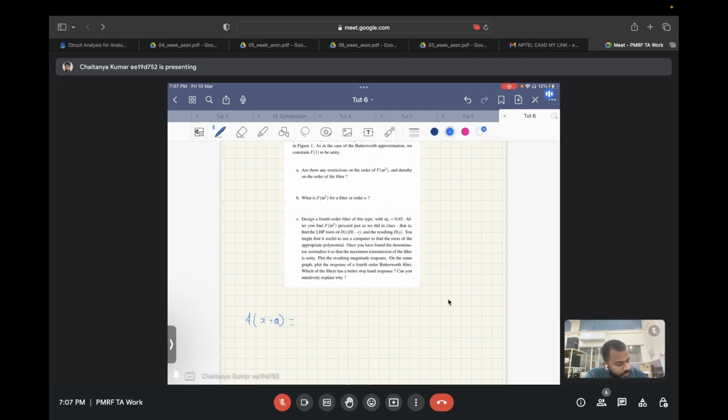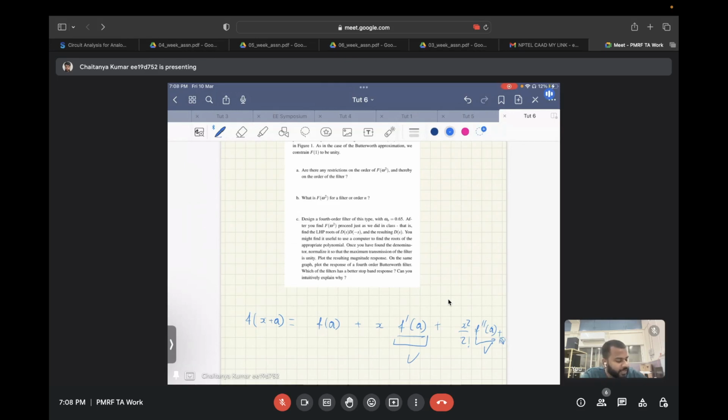It looks like f of a plus x times f dash of a plus x square by 2 factorial, right? This is how a Taylor series looks. You have these coefficients, so you can put them 0, one by one, and from there you can find them.